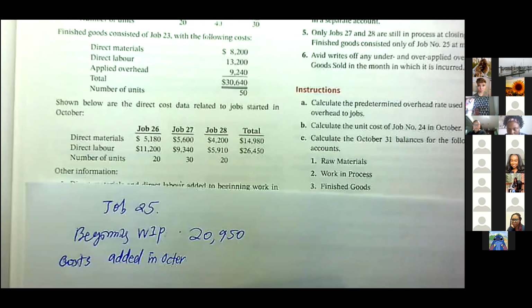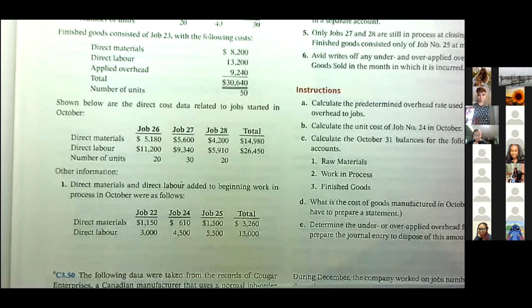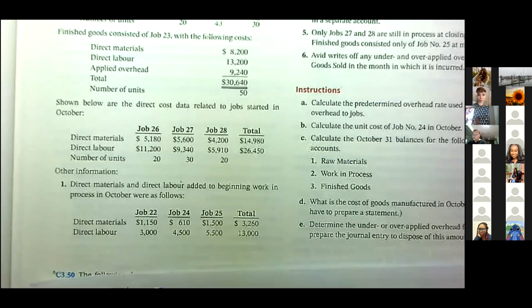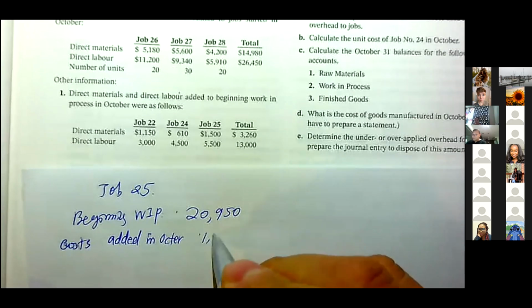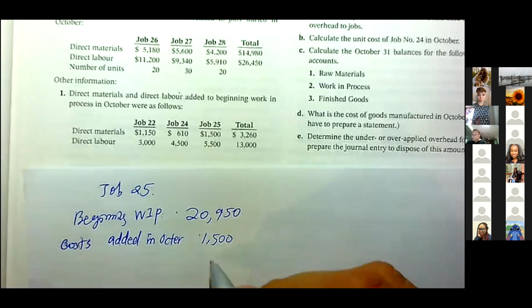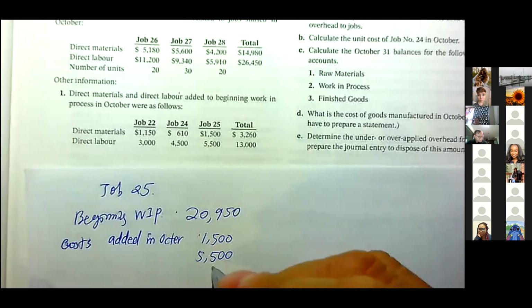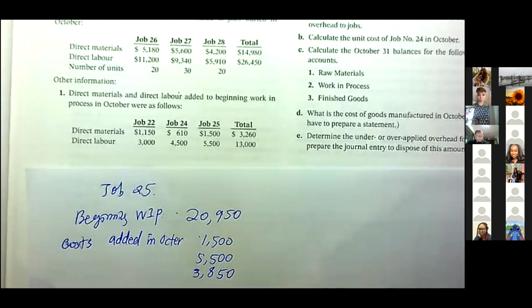Okay, so for job 25, you have materials, that's 1,500. You have direct labor, 500. And then you also need to apply overhead, so 70%, that's 3,850.